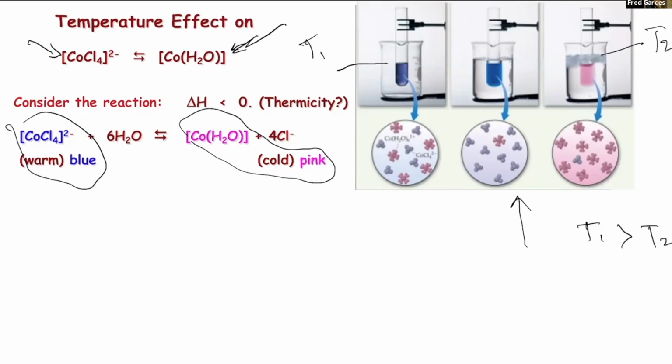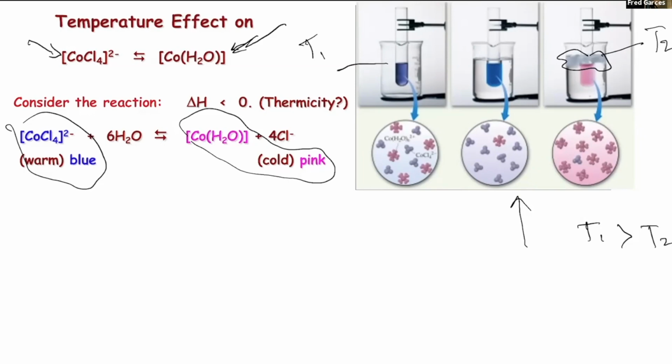See the ice? You have ice here. I'm going to have a poll and you just pick one of these options. You just select on your computer what you think this reaction is: exothermic, endothermic, or cannot be determined. Let's take a look.